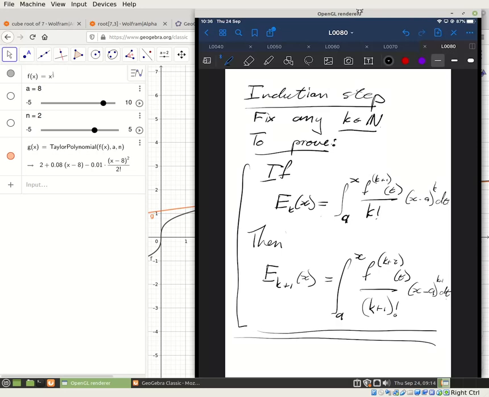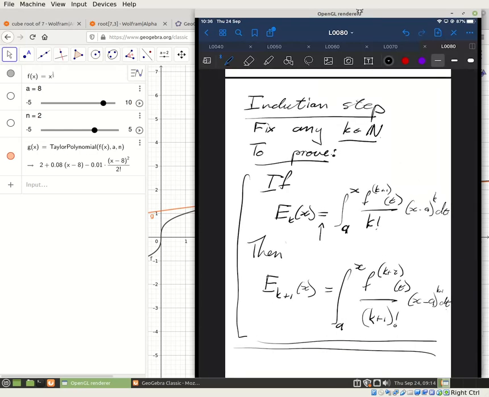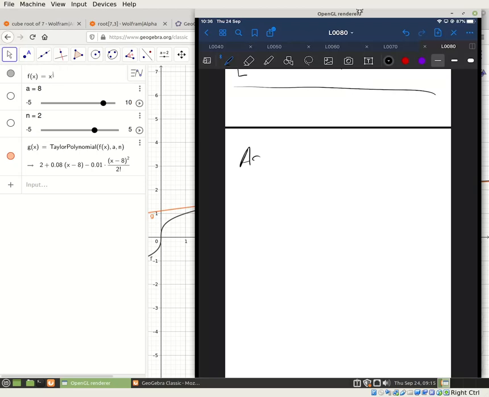So we are saying if ek is equal to this expression, so meaning if this statement is true, then this statement is true. So if ek is equal to this expression, then ek plus 1 is equal to that expression. So this is the statement that we want to prove. If this, then that. So since this is an implication, we start with assuming.